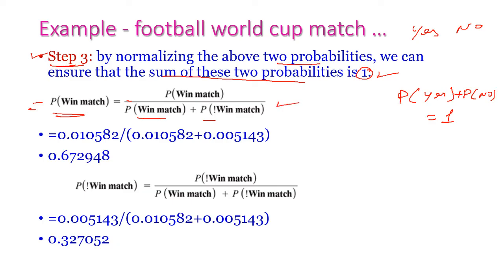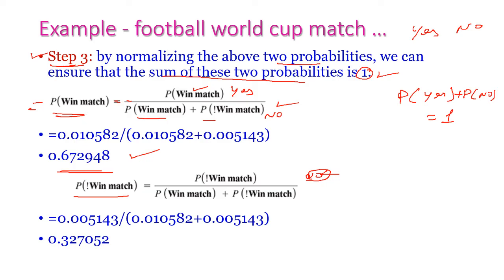Already we got the values for win match, that is yes, and not win match, that is no. So simply we need to substitute those values into this formula, then we will get 0.672948.